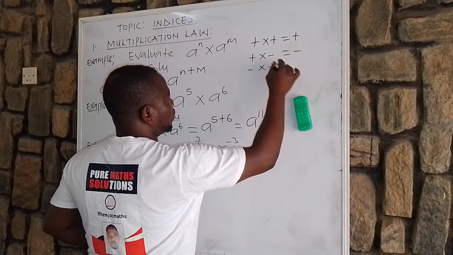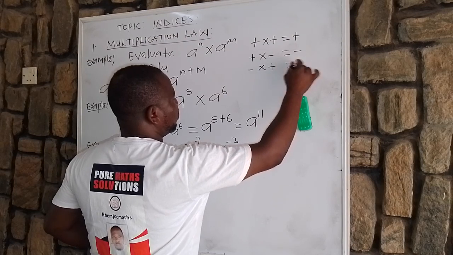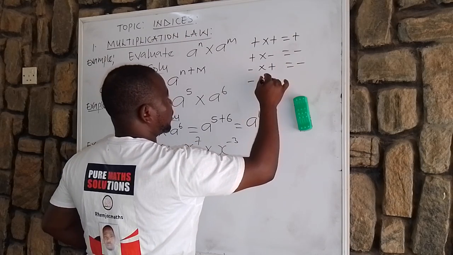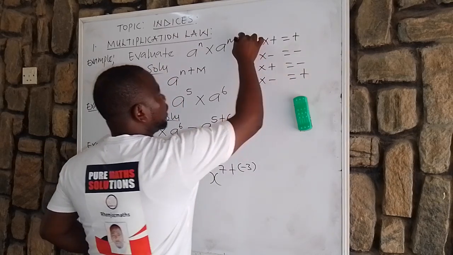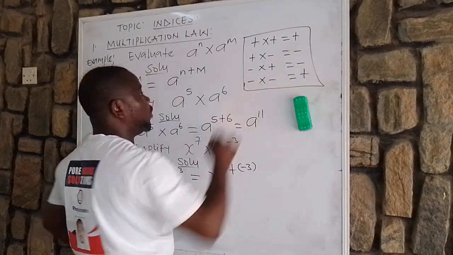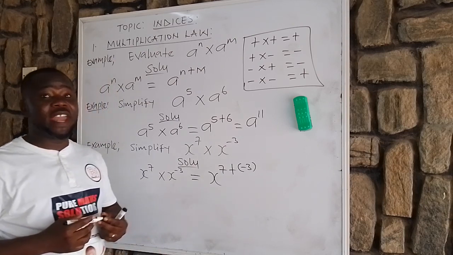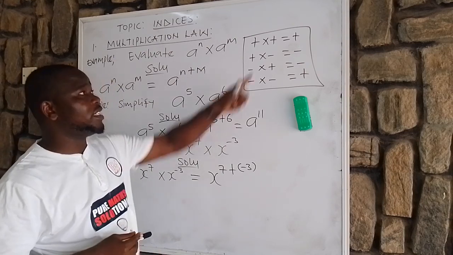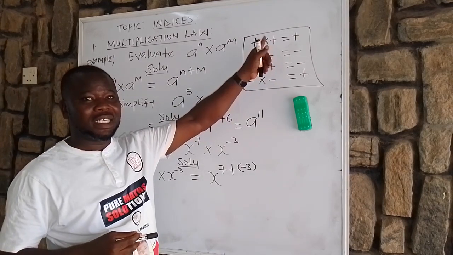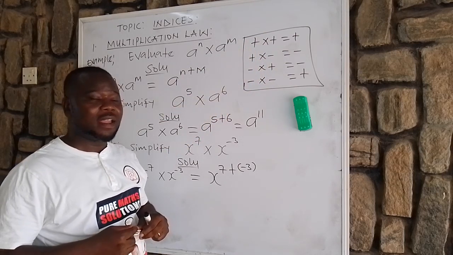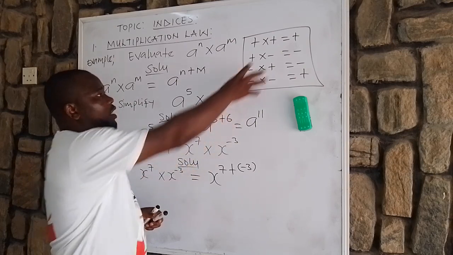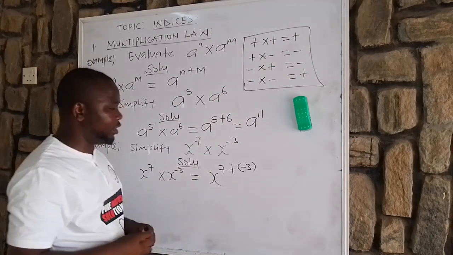Minus times plus is going to give you minus. Minus times minus will give you plus. If you want to know mathematics very well, you must take note of this. In algebra, you must take note of this. Is that clear? This will guide you always.